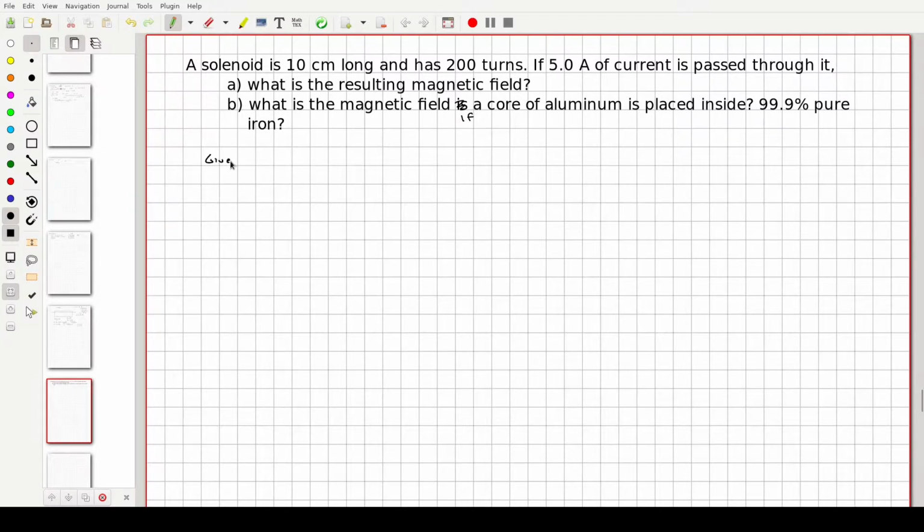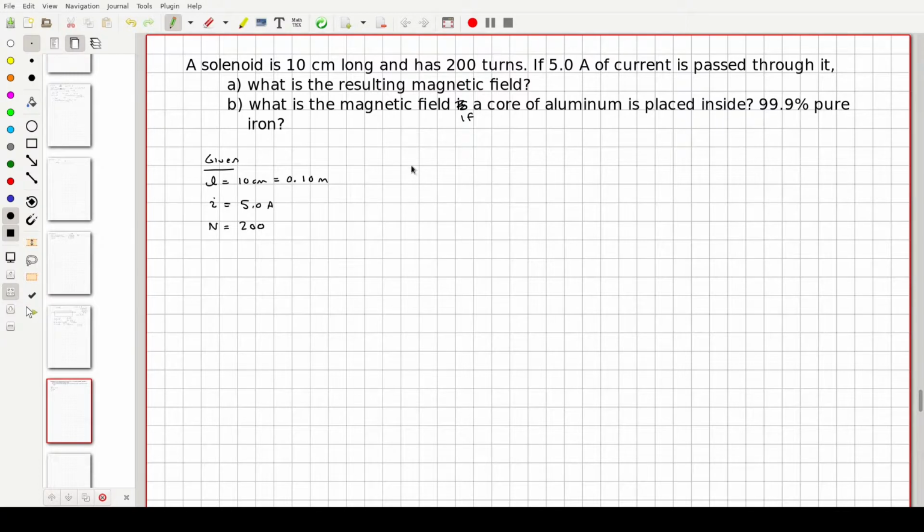We've been given the L, the length, is 10 centimeters or 0.10 meters. We're given the amount of current I, which is 5.0 amps. And we also know capital N, which is the number of turns, and that's 200.